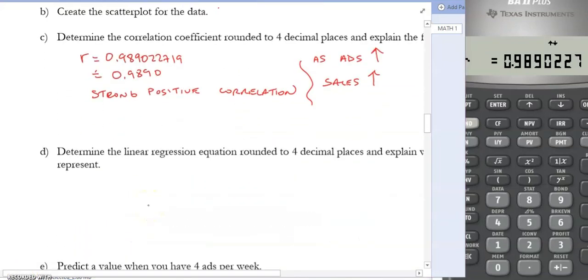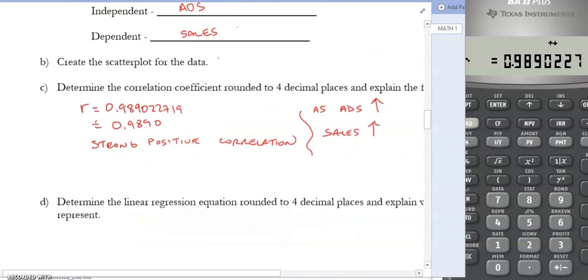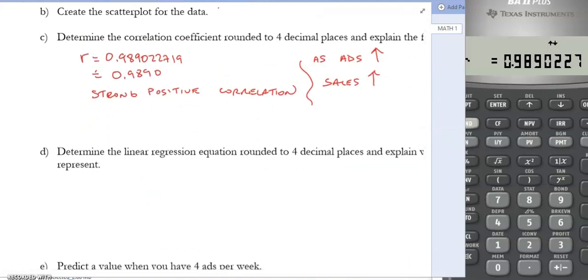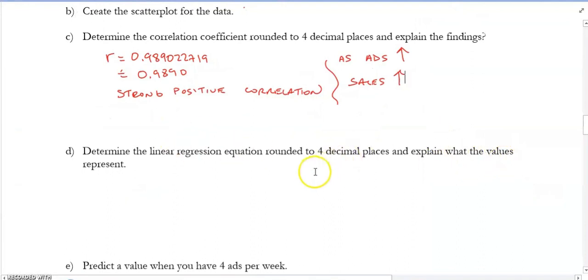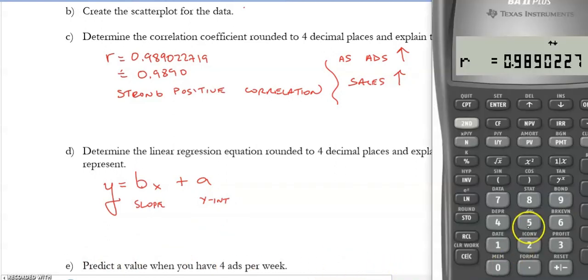Next, it says determine the linear regression equation, round it to 4 decimal places, and explain your findings, right? What the values represent. So I'd mentioned that our calculator gives us y is equal to bx plus a, where b is your slope and a is your y-intercept. So going to our calculator once again, I scroll back, and there are 2 values, and this is what I'm going to use to write down.